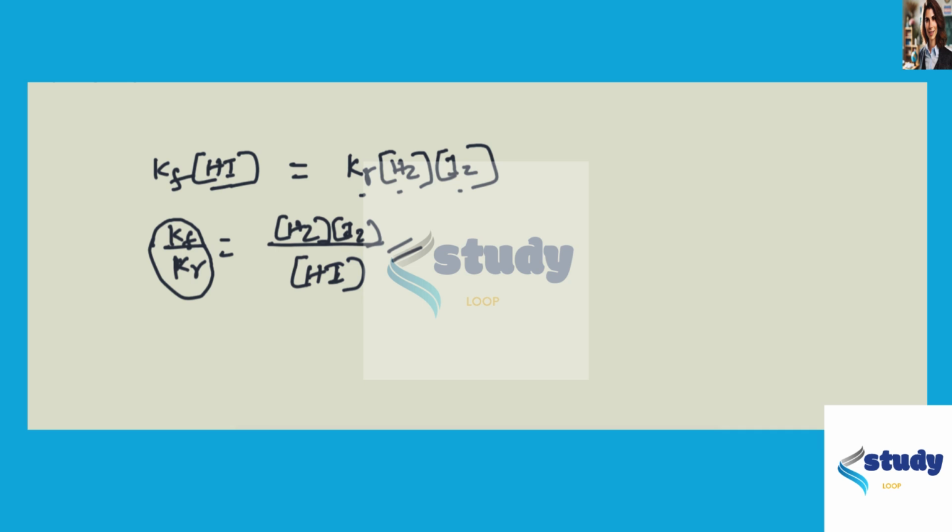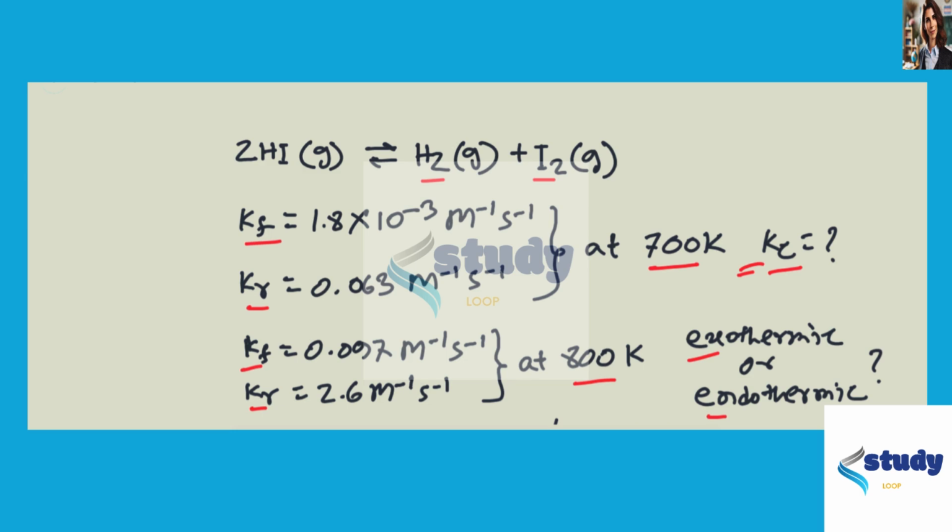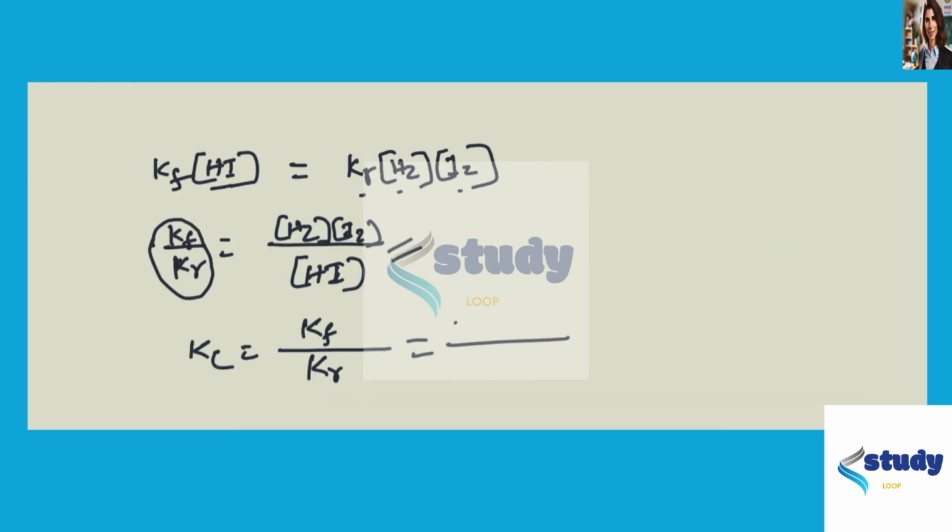So from here we can write Kc is equal to Kf over Kr, and we're given these two values at 700 K. So if we put in these values, 1.8 times 10 to the minus 3 over Kr, which is 0.063, this will give us a value of 0.028.